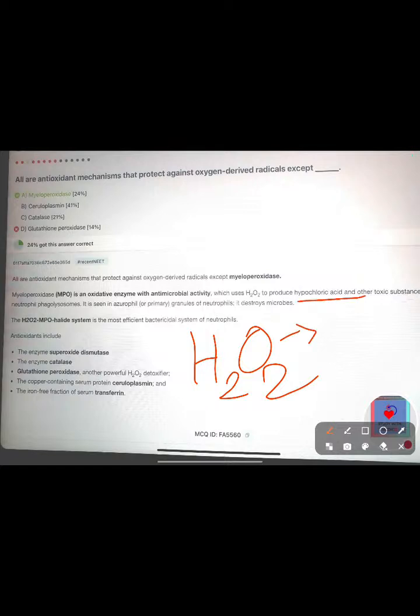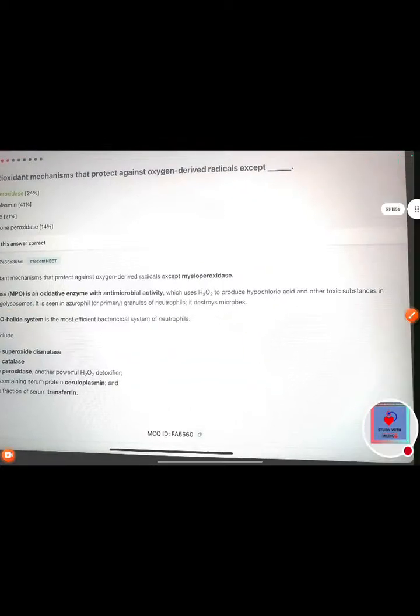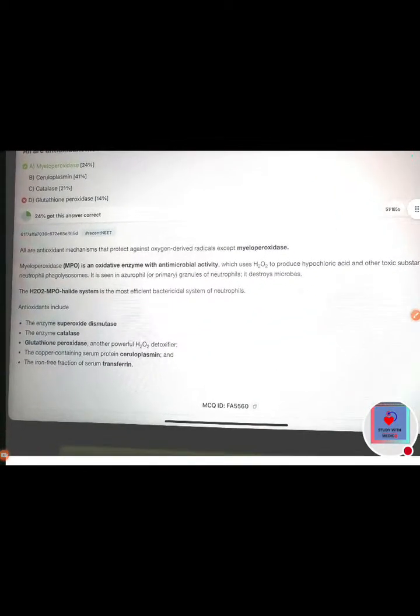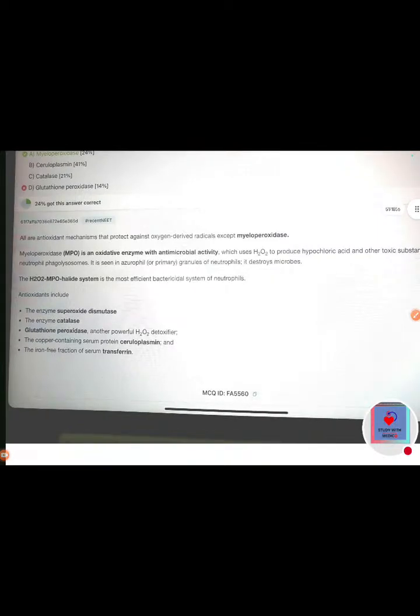This hypochlorous acid, along with some nascent oxygen free radicals, will act in the neutrophil phagolysosome. It is seen in the azurophil or primary granules of neutrophils. This process of breakdown of H2O2 to hypochlorous acid produces the radicals that will destroy the microbe.